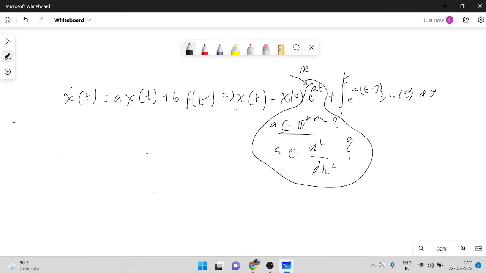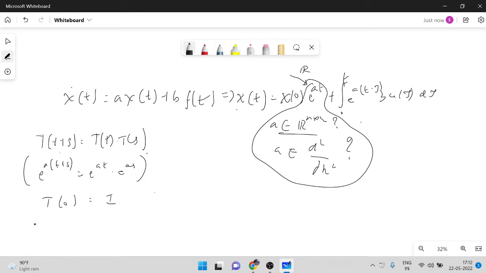So let's just recap the properties of semi group. First property is T of t plus s equals T of t into T of s, which is basically analogous to e power A times (t plus s) equals e power At into e power As. Next, T of 0 should be equal to identity. It is basically e power A times 0, which equals 1.